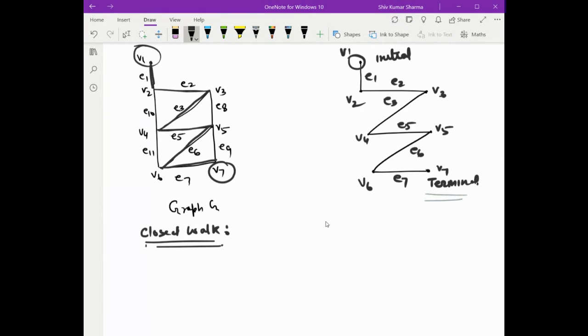So this is the example of open walk, that means initial and terminal vertex are distinct, but in closed walk, we write the definition: a walk is said to be closed if its start and ending vertex are same.